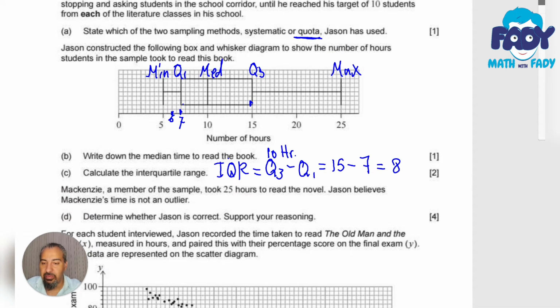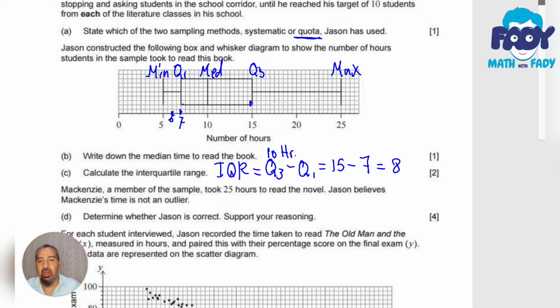D. Mackenzie, a member of the sample, took 25 hours to read the novel. Jason believes Mackenzie's time is not an outlier. Determine whether Jason is correct. Support your reasoning. So to identify the outlier, we need to find the boundary.